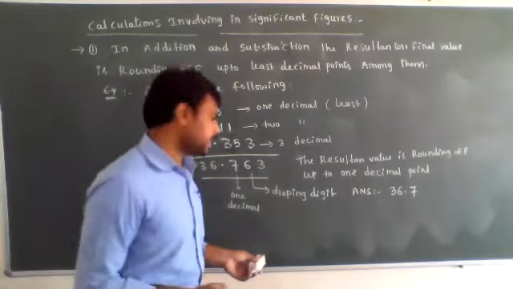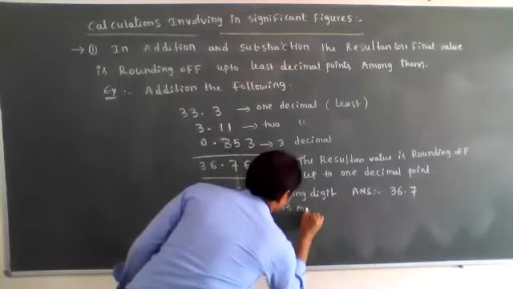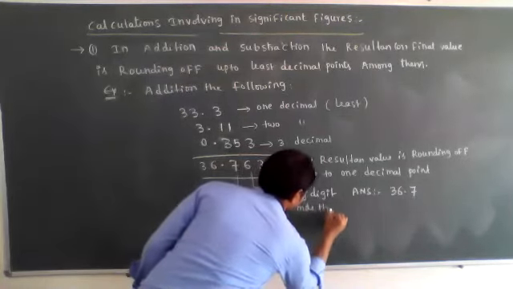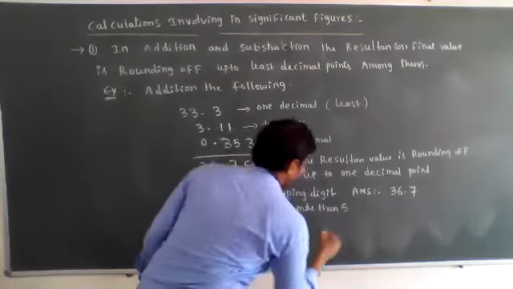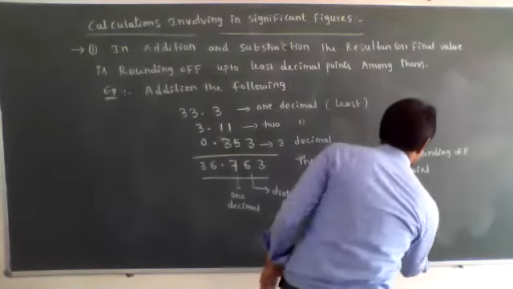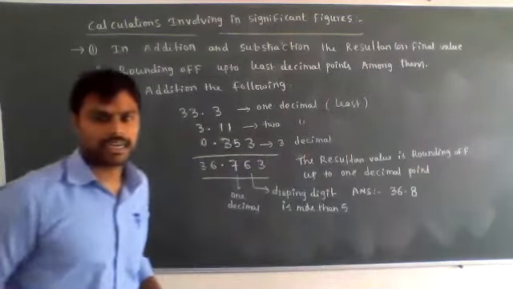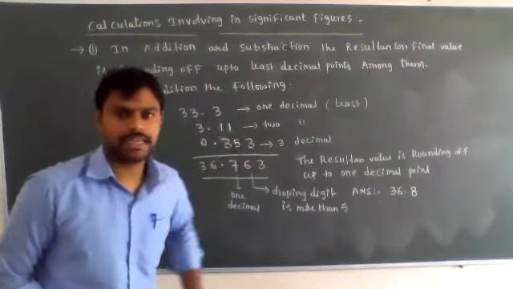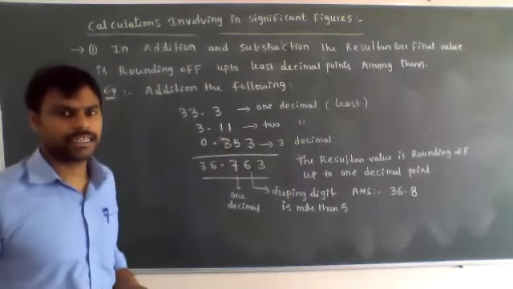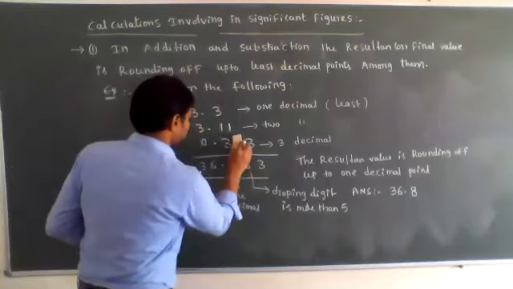The dropping digit is more than 5, so the resultant answer is 36.9. Okay.